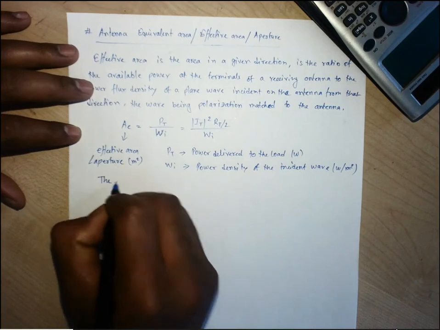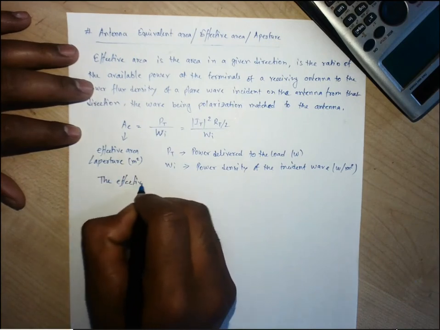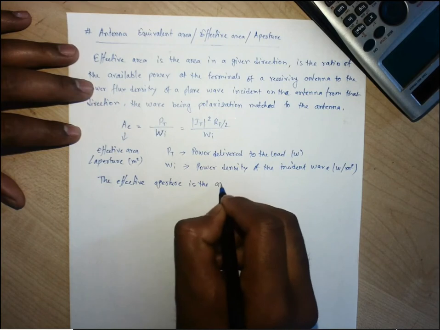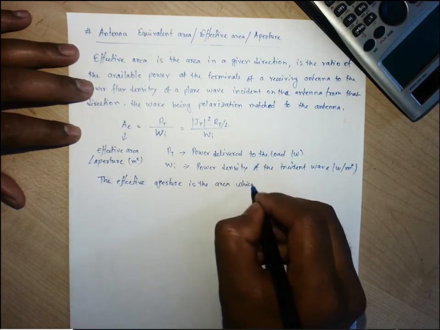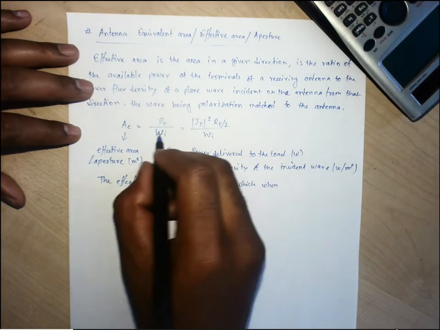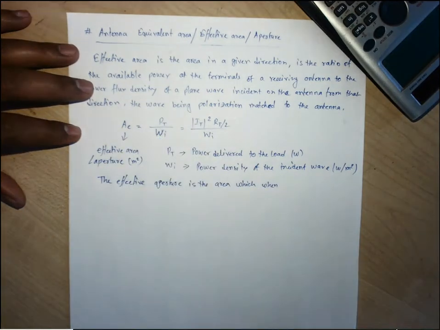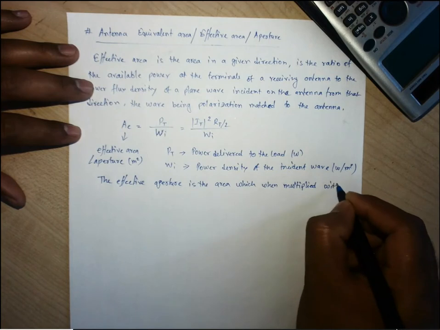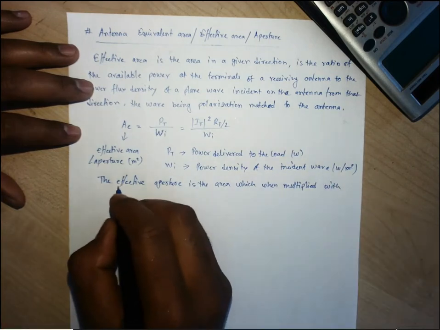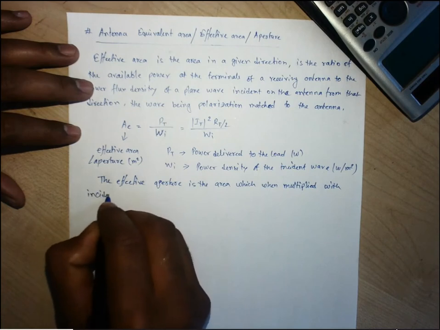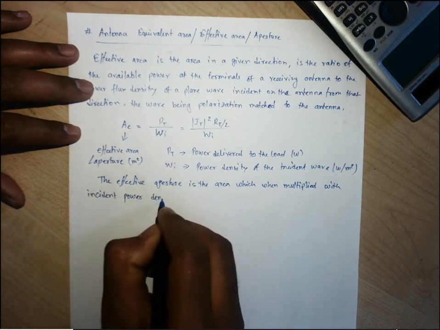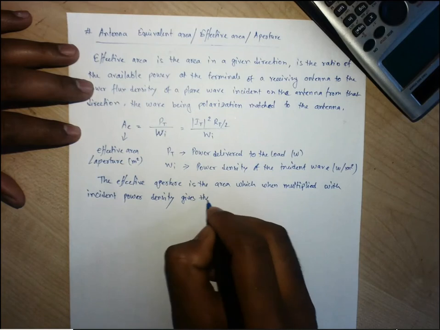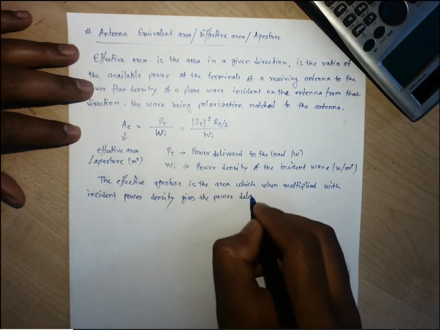So the effective aperture is the area which, when multiplied with the incident power density, gives the power delivered to the load.